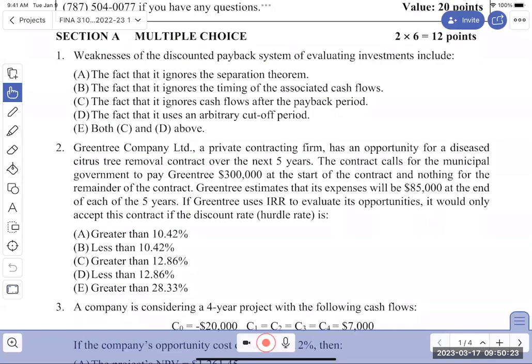Are you there? Are we connected? Yeah, we're here. Okay, take a chance. What do you think the answer is? Question 1.